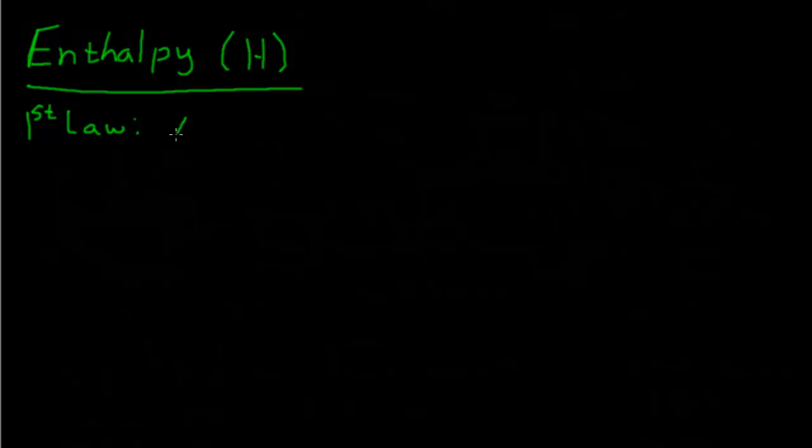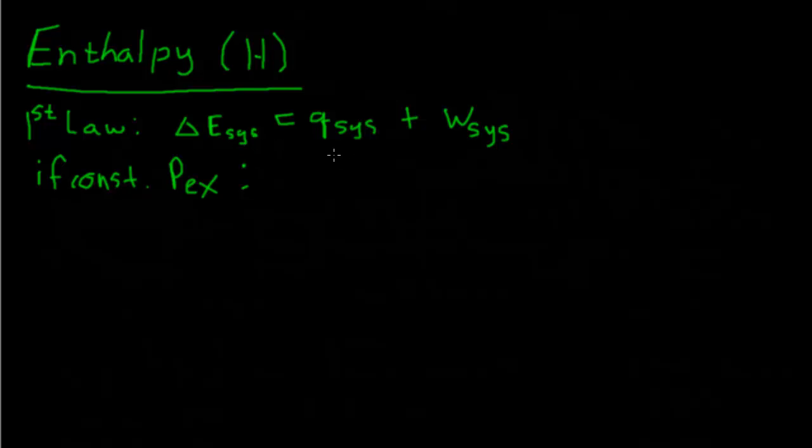The first law says that the total internal energy change, delta E, in our system can only change in two ways: heat going in or out, and work being done on or by the system. In our last video, we learned about pressure-volume work. If we have a constant external pressure, then we can rewrite this equation, substituting what we know for the work done on or by the system.